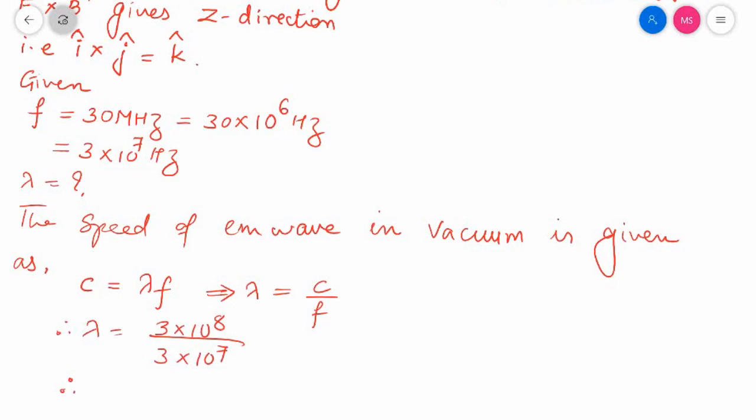So therefore you can say that lambda is equal to 10 meter. This will be the value of its wavelength.